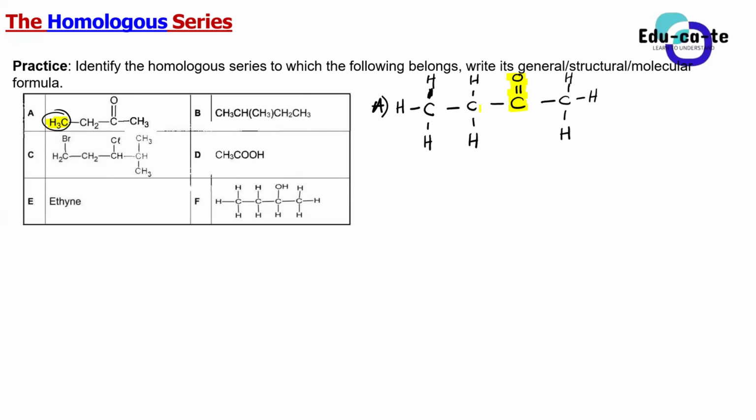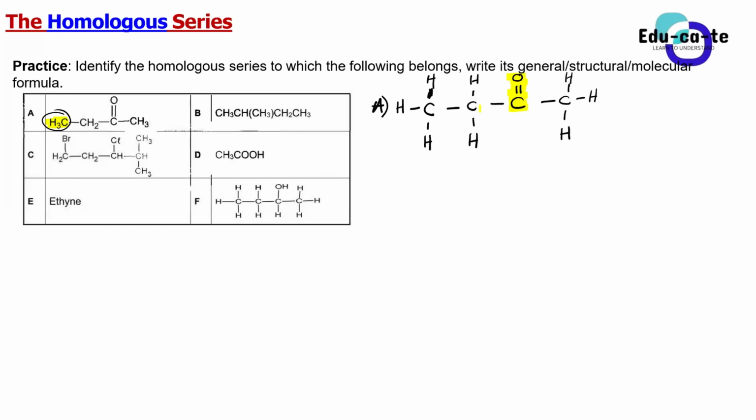You look at the functional group, because each and every homologous series has got its own unique functional group. You will never hear me saying that a carboxylic acid and ketones have the same functional group.